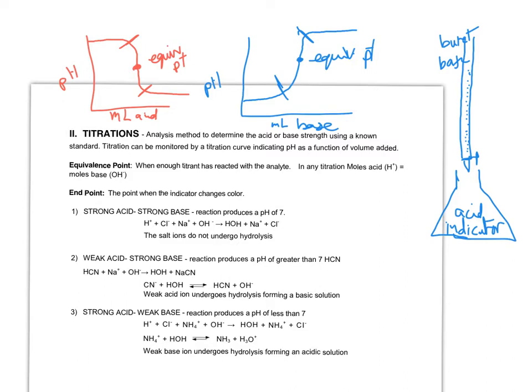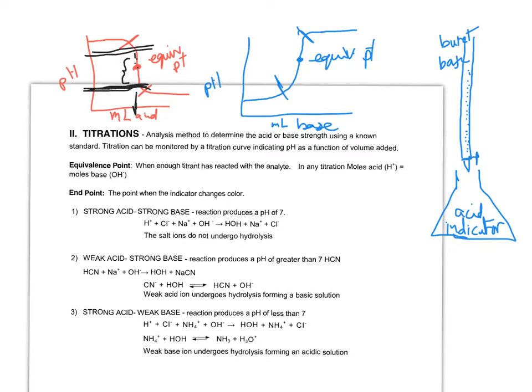So if this was my equivalence point, for example, if I pick an indicator that will change at this pH or even at this pH, anywhere in this range, this is vertical. When I read the volume of the base here, it is pretty much the same, right? And so if I pick an indicator that will turn anywhere in this range, I will still be okay.